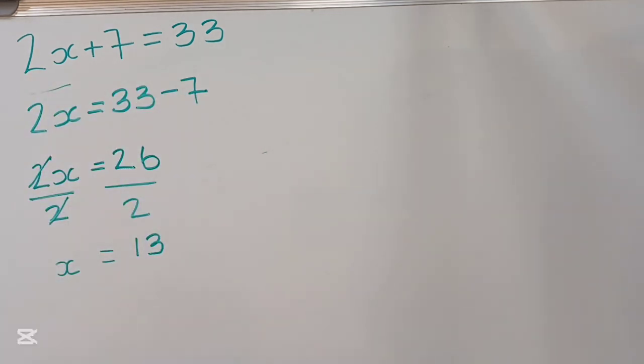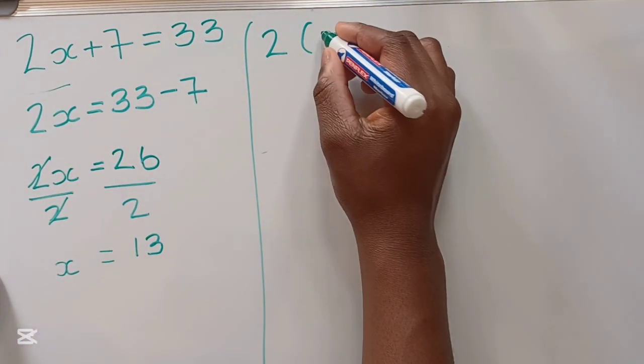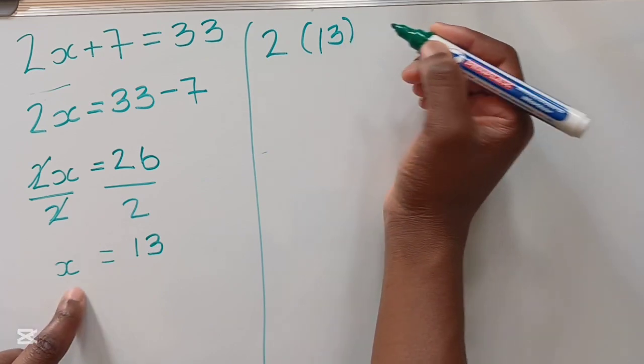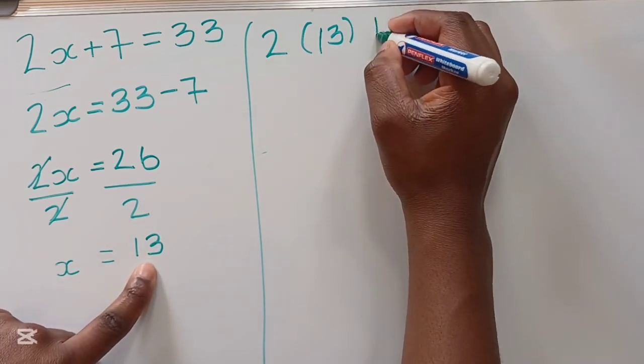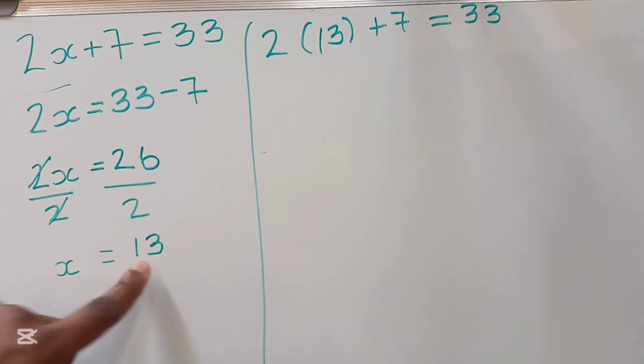And just to verify that 13 is actually the answer, we can substitute 13 where x is. So, 2 times 13, where there's x I put 13 because x is equal to 13, plus 7 equals 33.